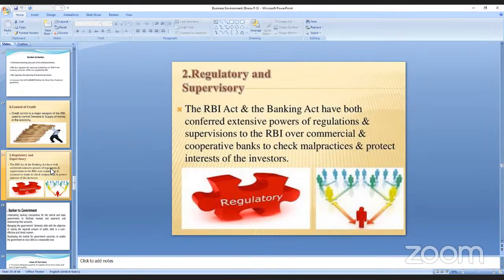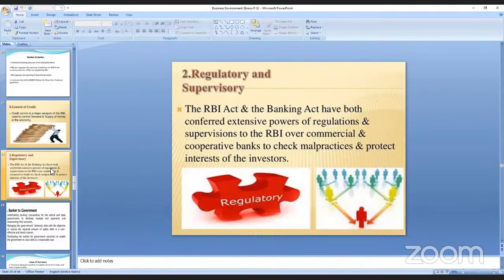Without supervision, they may go beyond the limits of the rules and regulations made by the RBI. The RBI has extensive powers of regulation and supervision over commercial and cooperative banks, to check malpractices and protect the interest of the investors.